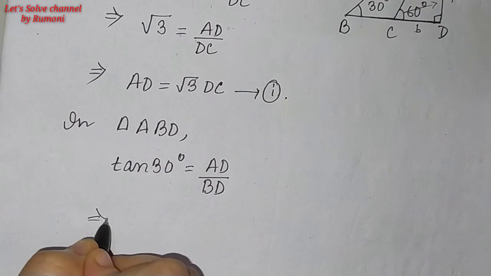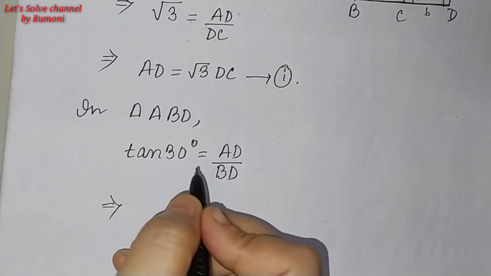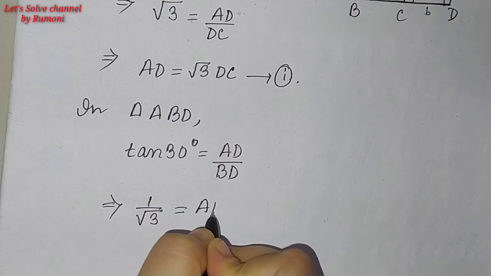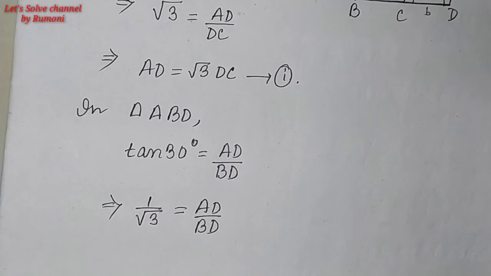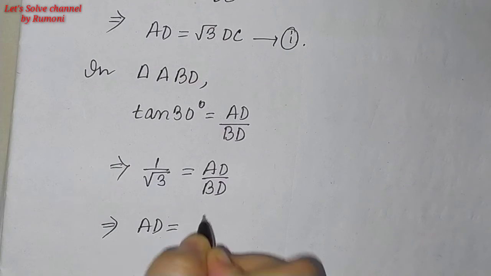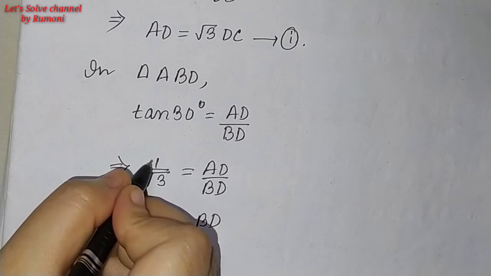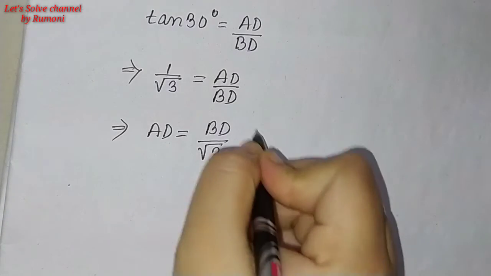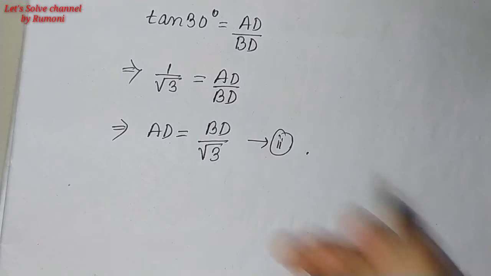So what you will get? The value of tan 30, students, it is 1 by root over 3 equal to AD divided by BD. And after that AD is equal to what? BD divided by root over 3. Give it as number 2.